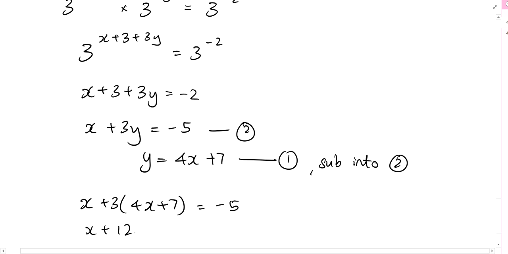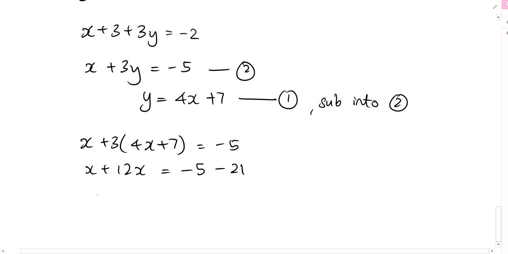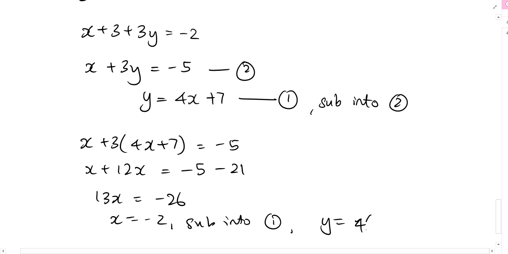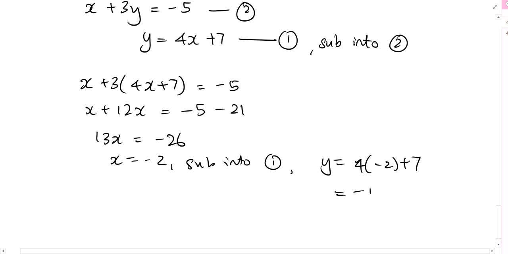X plus 12x equals negative 5 minus 21. 13x equals negative 26. X equals negative 2. Sub into 1. Y equals 4 times negative 2 plus 7, to give us negative 1. So x is negative 2, y is negative 1. Is that okay?